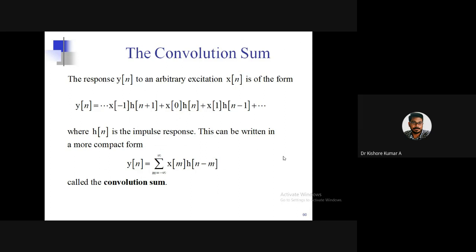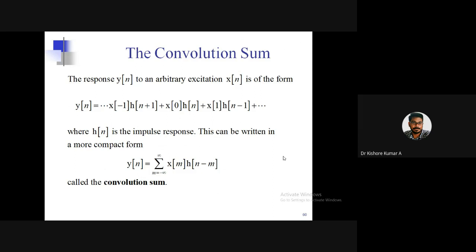Now, for discrete-time systems, we have to use the convolution sum, whereas in the previous case, for continuous time, we discussed the convolution integral. For discrete time, we need to calculate the convolution sum. For any response y of n, we need to determine the convolution sum in terms of the impulse response.